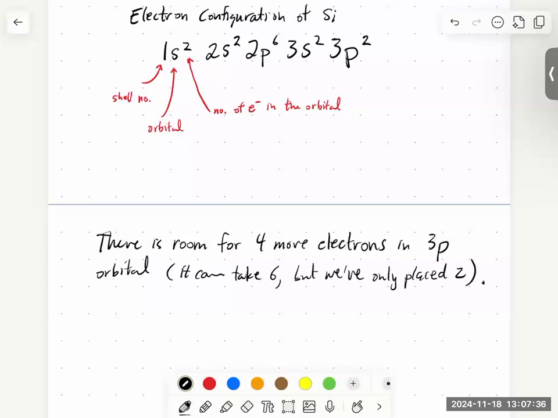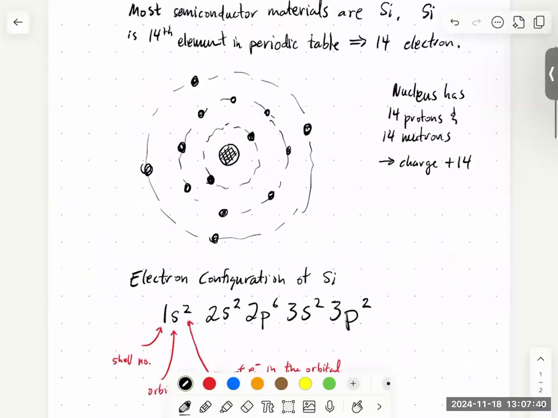All right. The other bit of terminology that we're going to use is that the outermost shell is going to be called the valence shell. And then all of the electrons that are in these inner shells are going to be called core electrons.